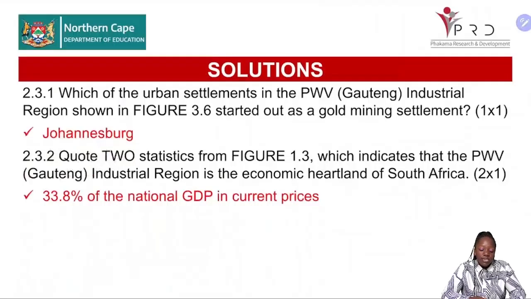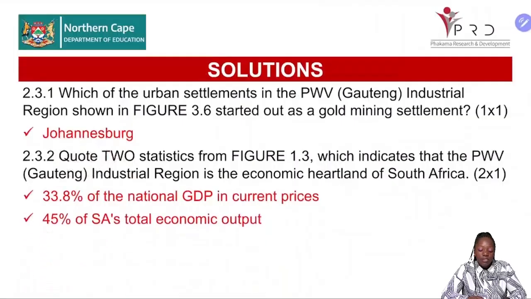You have realized that the extract says 33.8% of the national GDP in the current price, and also 45% of South Africa's total economic output. So those are the 2 statistics that show that indeed PWV is the economic heartland of South Africa, which means this is the province that is carrying South Africa.